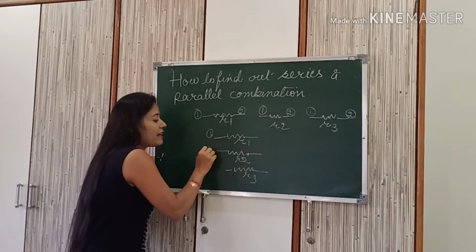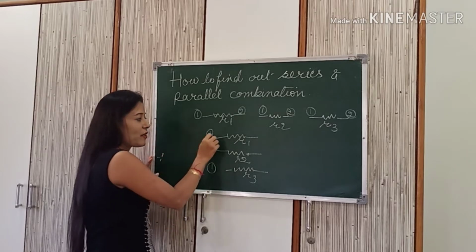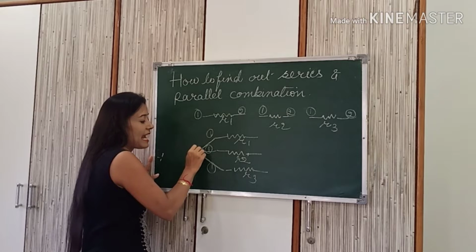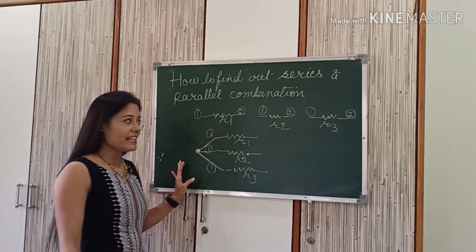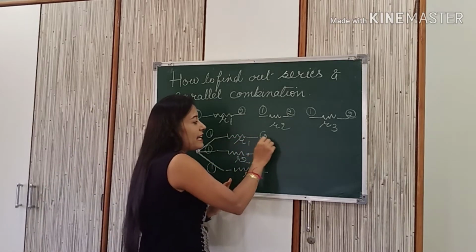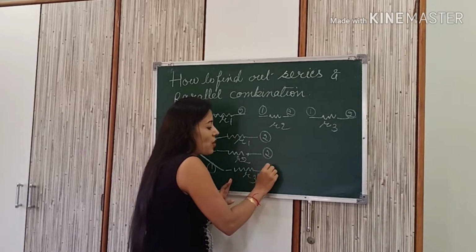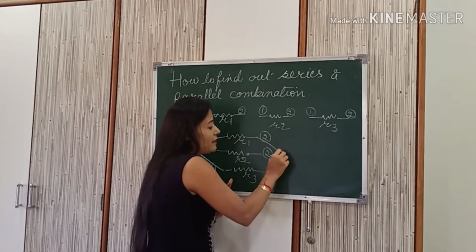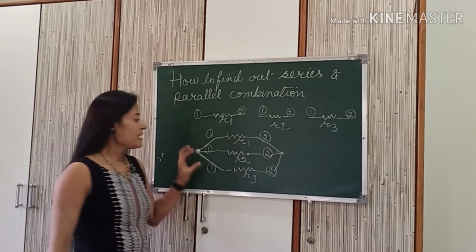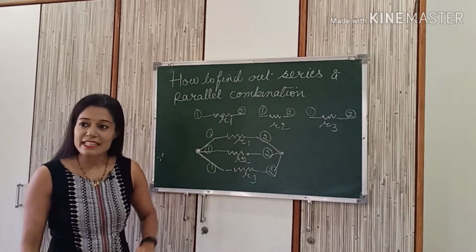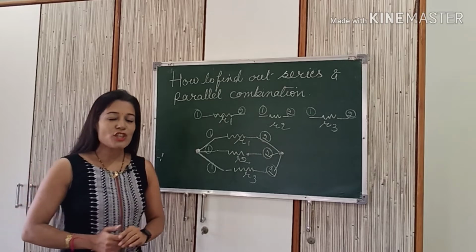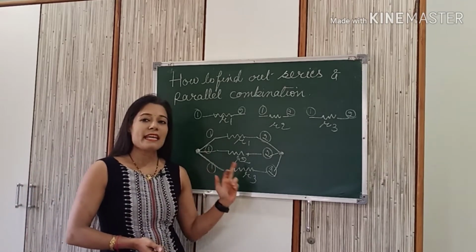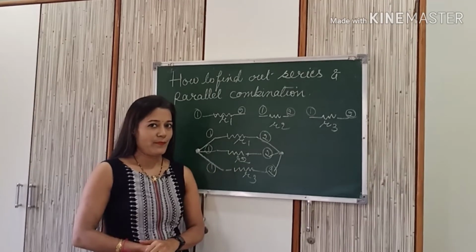All their first ends will be connected together at one point of the circuit, and similarly all their second or last ends will be connected at another point of the circuit. Similar ends are connected. This type of combination of resistances is known as parallel combination.